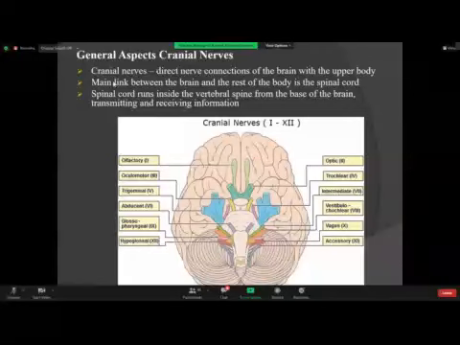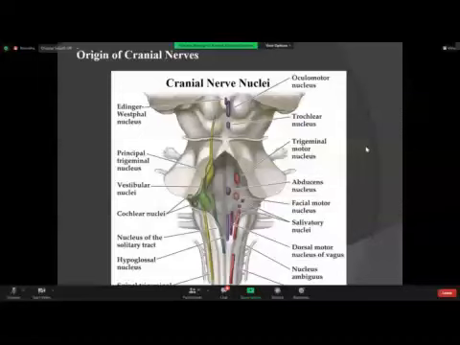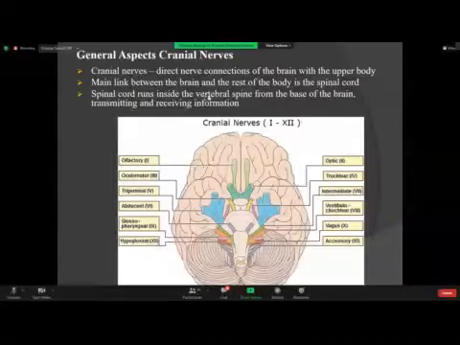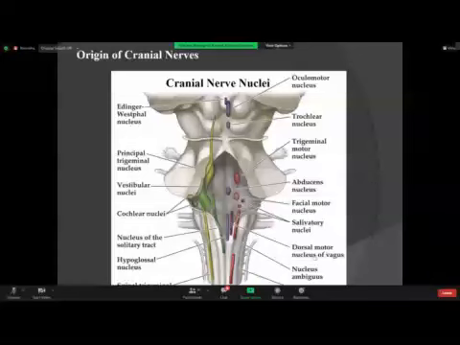So then comes the spinal cord, okay, and this is the main connection between the brain and the rest of the body, and it is present within the vertebral spine. We'll come to that in a second. These are just the nuclei.